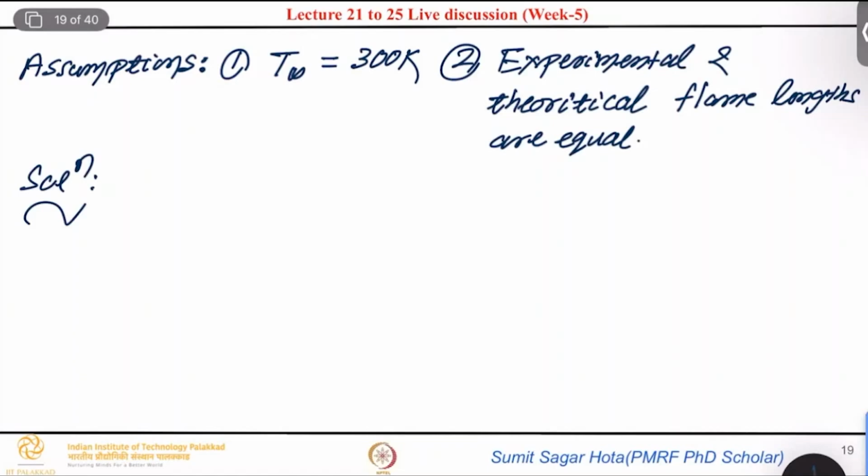And let's come to the solution part. LF theoretical is equal to LF experimental. This is already given in the question. We just have to equate these two values and find the value of D infinity from this. That is the only task we have to do.